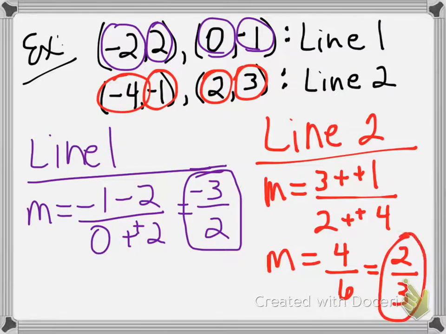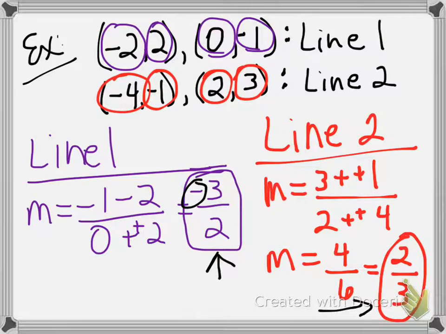So now, let's compare these two slopes. Look at this slope, and look at this slope, and let's see how they compare. Line 1 has a negative slope, line 2 has a positive slope, so they are opposites. Line 1 has a slope of 3 over 2, line 2 has a slope of 2 over 3. That's a reciprocal.